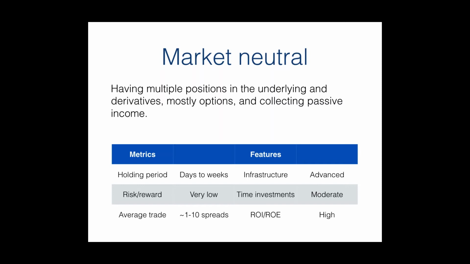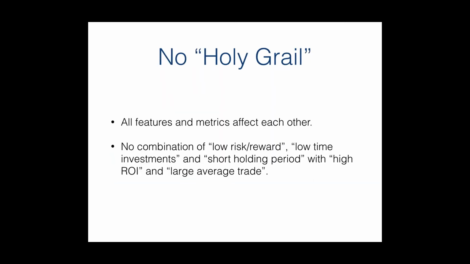Time investments are, let's say, moderate because most of the time we just wait accumulating this passive income. And return on investment or return on efforts is really high. So, as you can see, all these features and metrics affect each other.